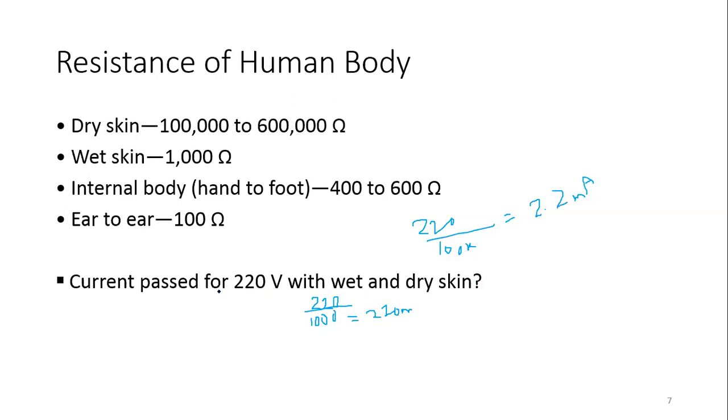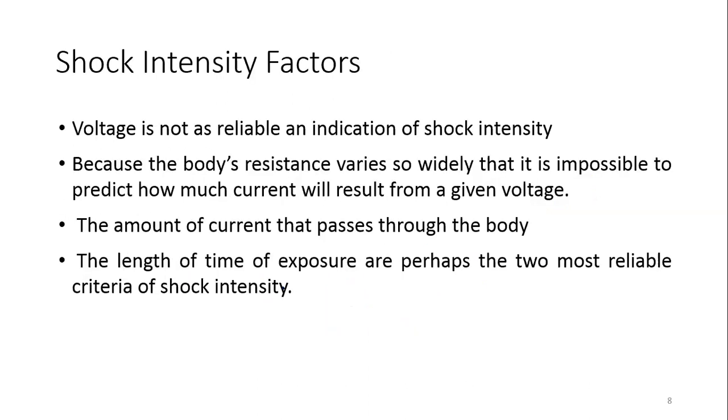That means the voltage is not an accurate or reliable indication of shock intensity because the body resistance changes widely. So it is difficult to state how much current will pass from a given voltage.